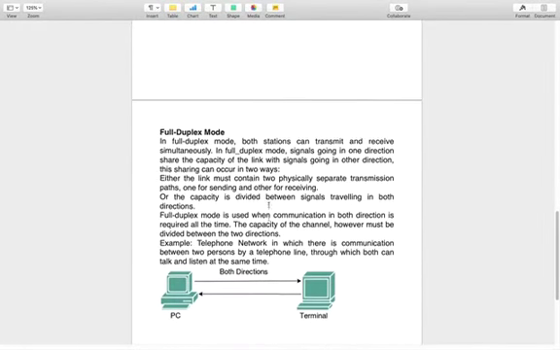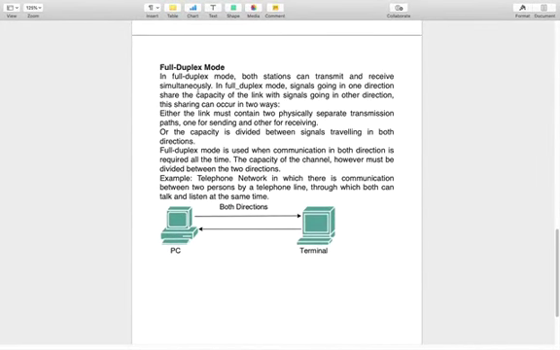So our third is full duplex mode. In full duplex mode, both stations can transmit and receive simultaneously. In full duplex mode, signals going in one direction share the capacity of the link with signals going in the other direction.